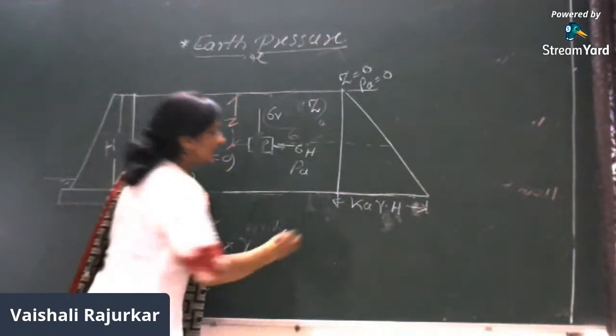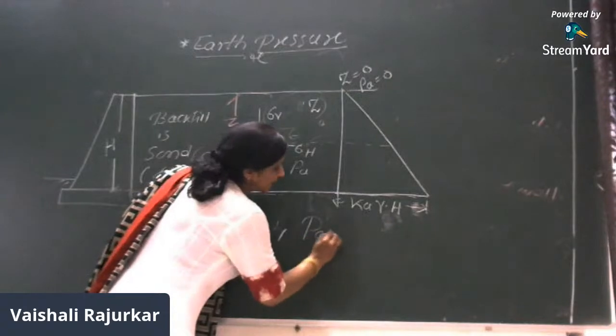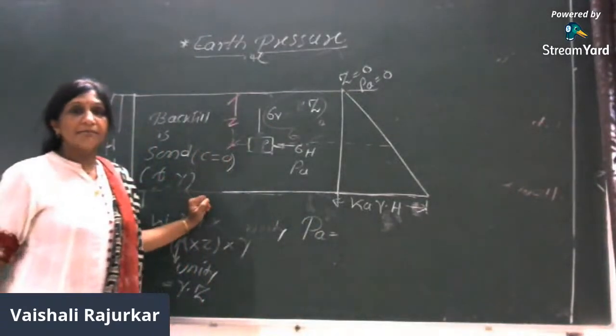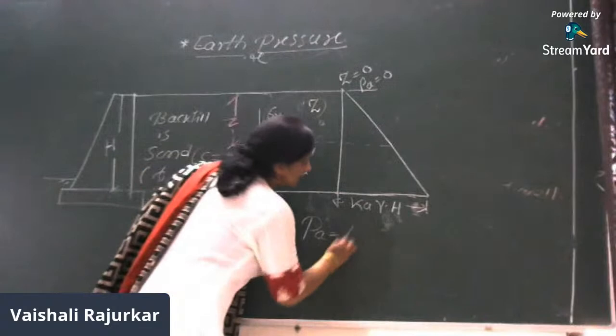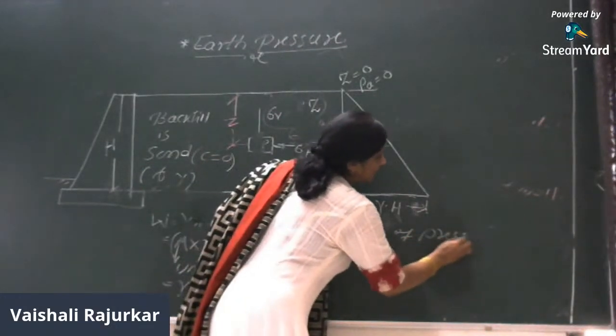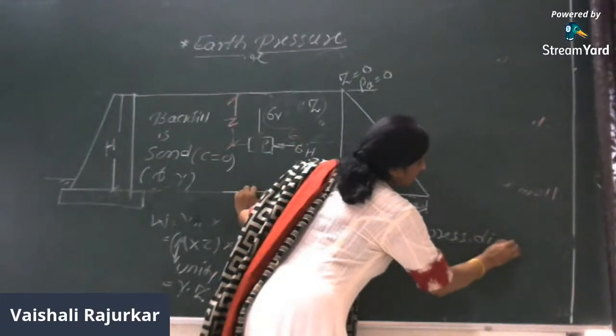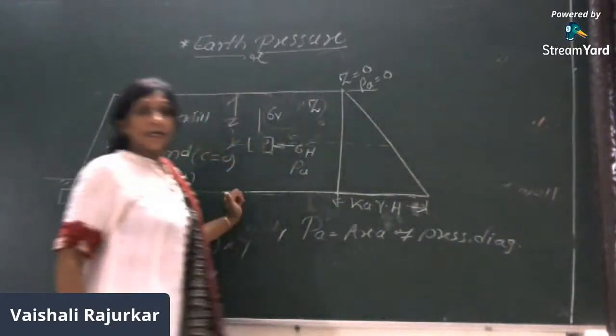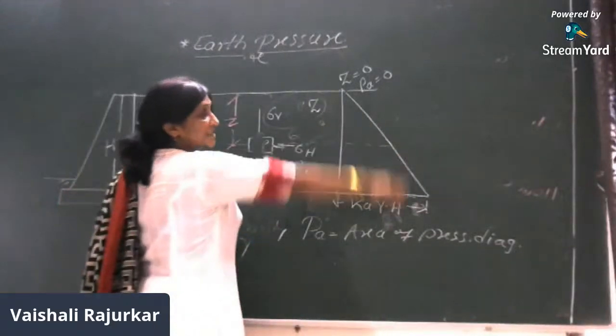So, in this case, the magnitude of active earth pressure is the area of the pressure distribution diagram. And what is this pressure distribution diagram?